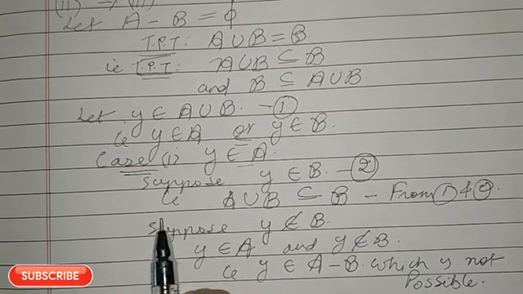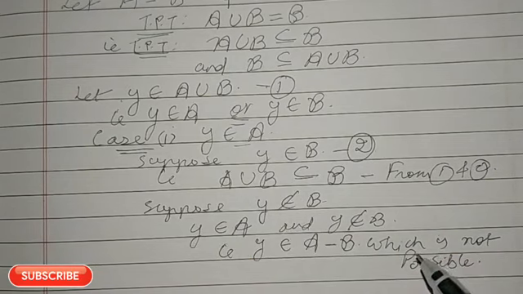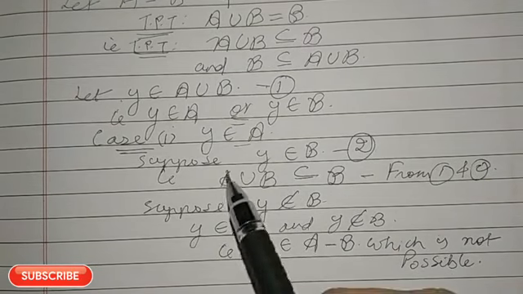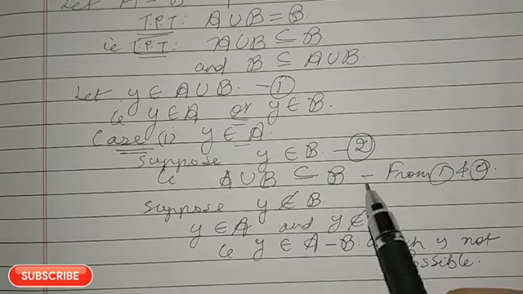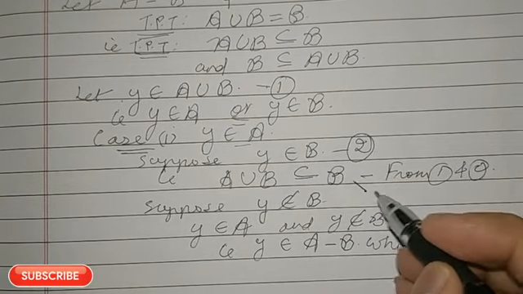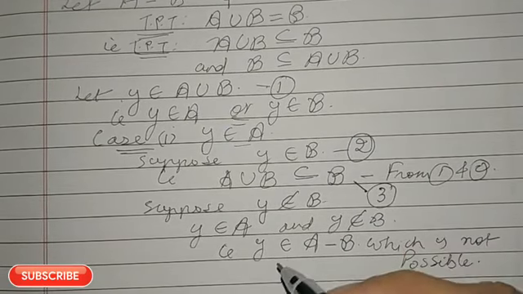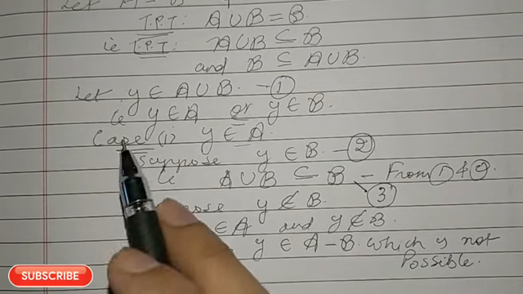So if we take y doesn't belong to B, we are getting a condition which is not possible. So the only condition which is true is the first one, and you can call this 3. So this condition is only true for case 1.